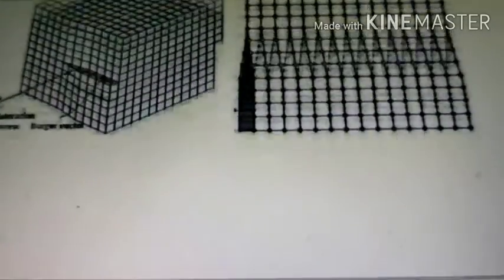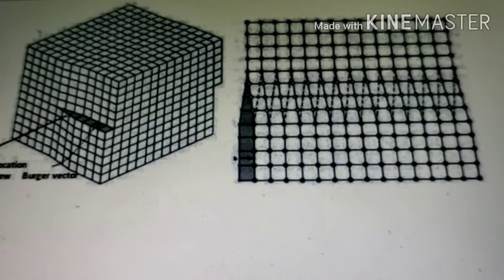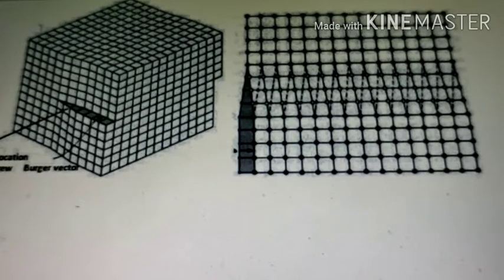And whenever the atoms are displaced similar to the thread of a screw, it's called screw dislocation or screw defect. In the figure you can see, instead of displacing straight, it's displaced slightly, in an inclined form.